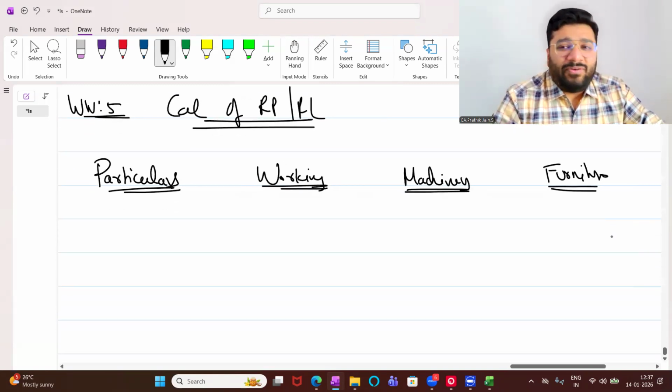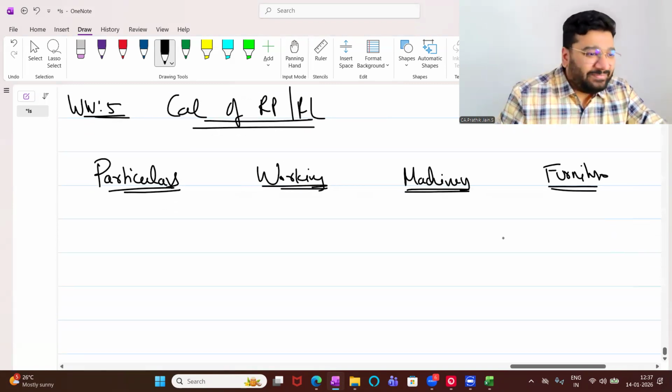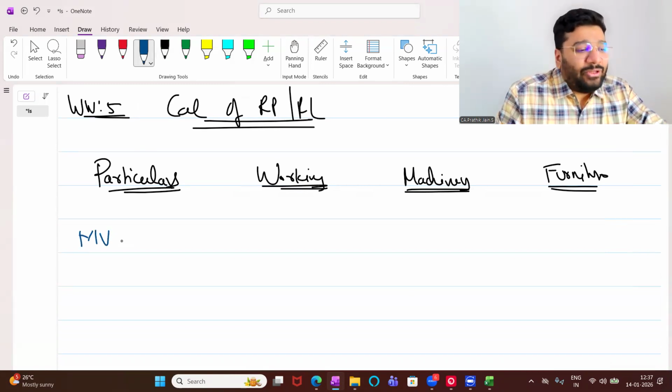In my opinion, all of you should redo the CA Foundation exam coming Sunday. Now, market value as on 31st March 2001, on date of acquisition. Very good. When is it? 1/4/2000.